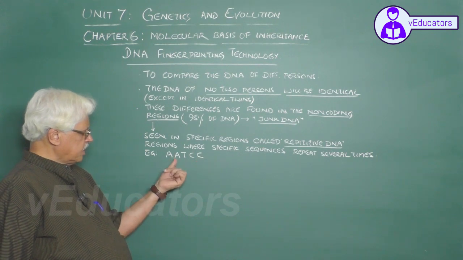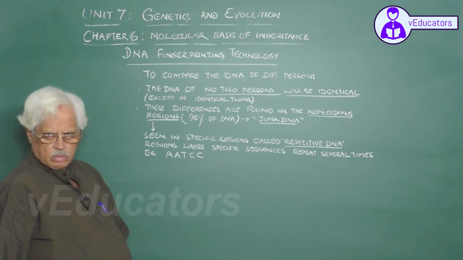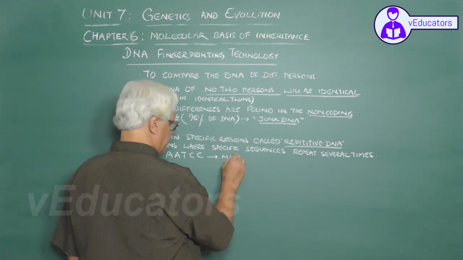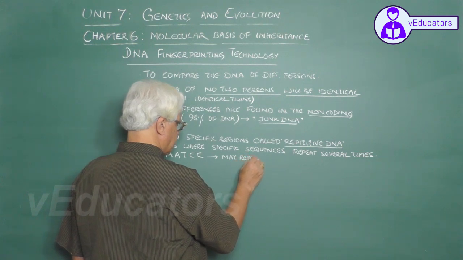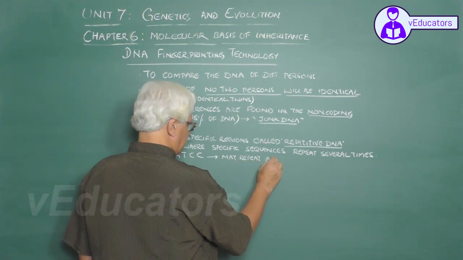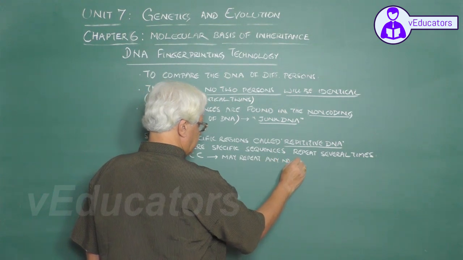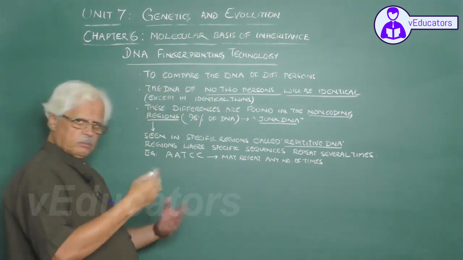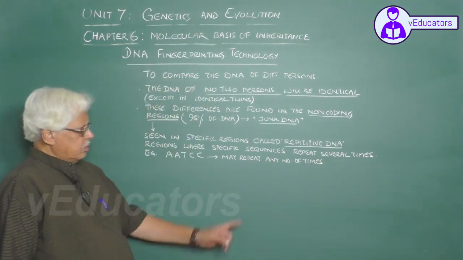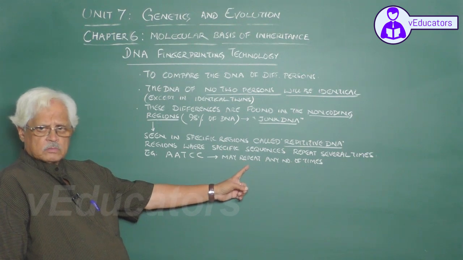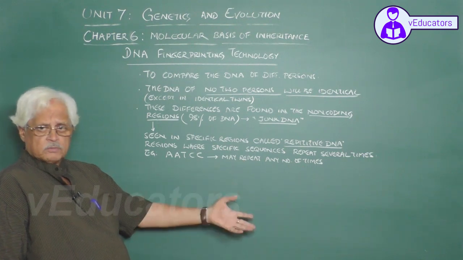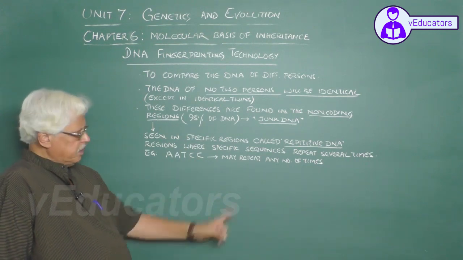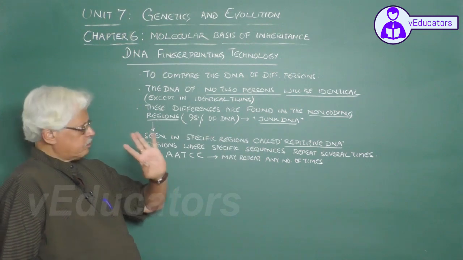This sequence, adenine, thymine, cytosine, may repeat in a given segment any number of times: 5 times, 15 times, 50 times, 100 times, 1000 times, and so on.